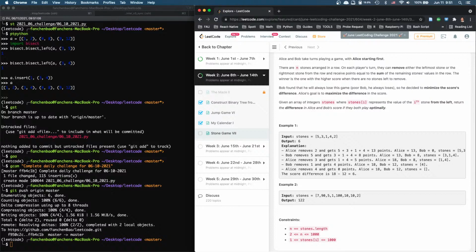Are you saying that each time Alice is going to remove the smaller one so she can get maximum points? And each time Bob's removing the larger of the 2, such that Alice cannot get the benefit of the large points until there are 2 stones left. If there are 2 stones left, then you always remove the smaller one. Is that what it means by playing optimally?